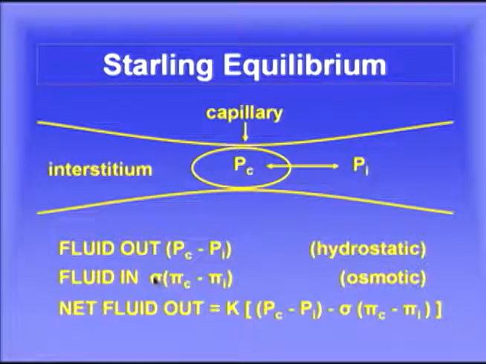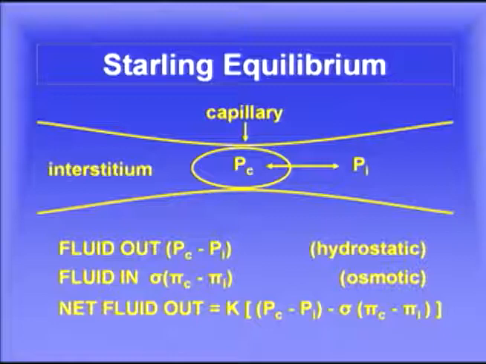The value of sigma is about 0.7. And the net result of all this is that there is a continuous small loss of fluid from the interior of the capillary into the interstitial space. The lymph flow from the lung is thought to be about 20 mils per hour.